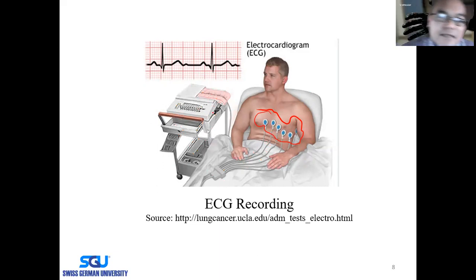In this case, there is not a lot of digital processing. Instead, it immediately records in the form of chart. So there is no display, for example.